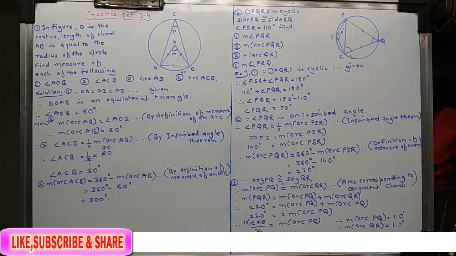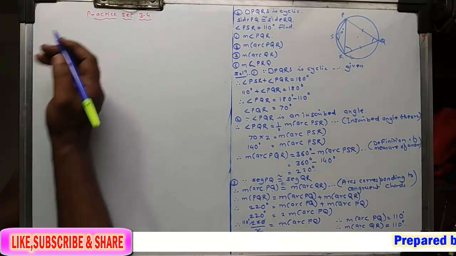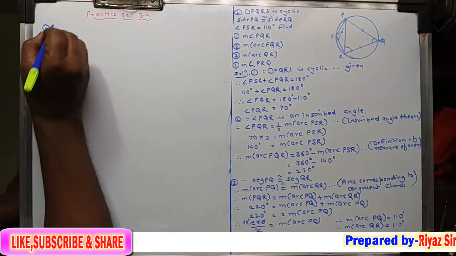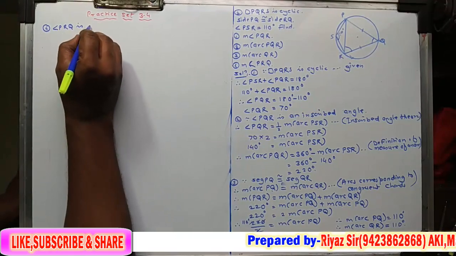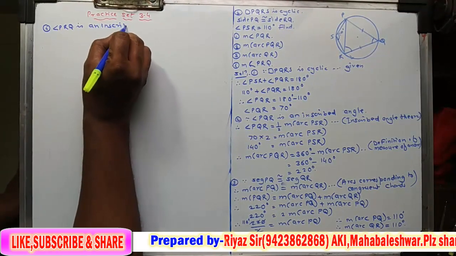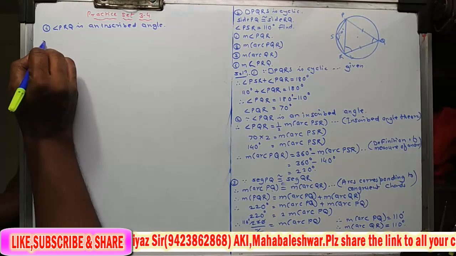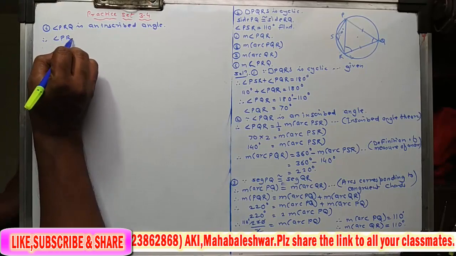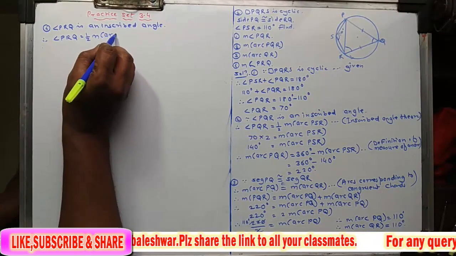Now next, the fourth one, the measure of angle PRQ. Angle PRQ is an inscribed angle. Therefore, angle PRQ is equal to half into the measure of arc PQ.